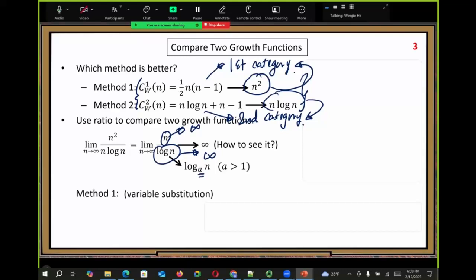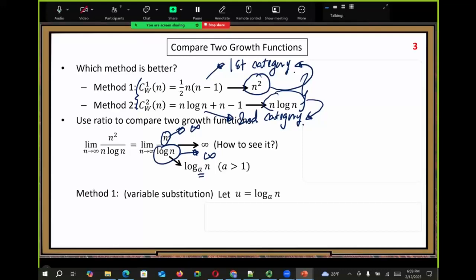So for that reason, if you do not feel very familiar with the log function, we want to get around it. We want to avoid it. We want to do some variable substitution to eliminate the logarithm function.